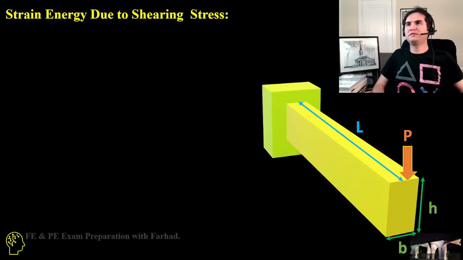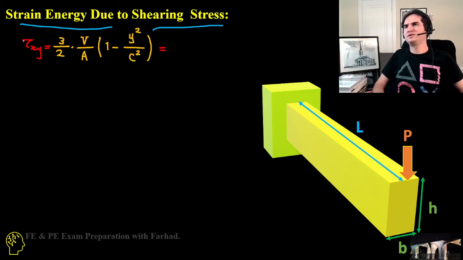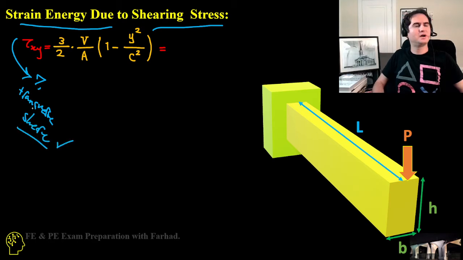At the same time, we want to see the effect of both shearing stress and normal stress. So this time, if you consider the shearing stress, we already know from chapter 7, which is transverse shear, I can upload that video at the end of this video for you.